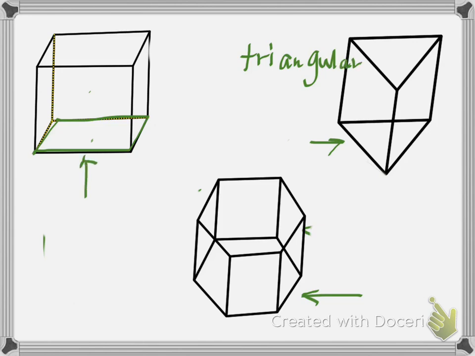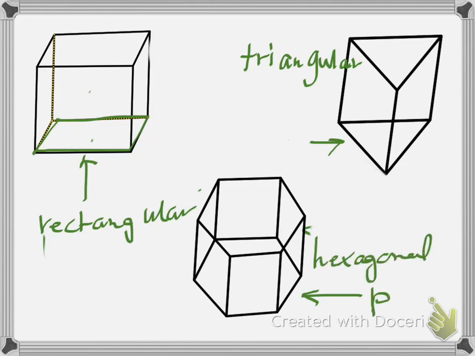If the base is a rectangle, we call it a rectangular prism. If the base down there is a hexagon, we have a hexagonal prism. So according to the base we have, we will name the prism.